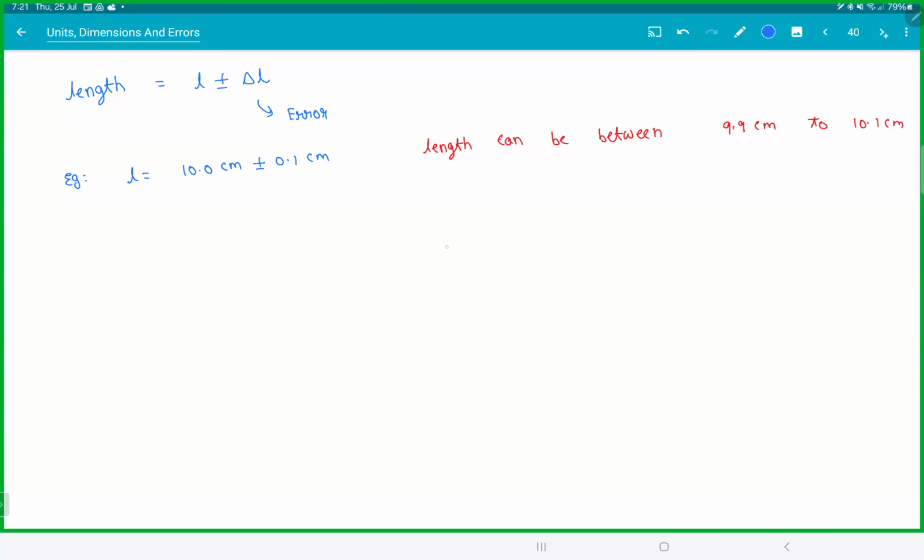We tell them something like 2-meter height plus or minus 1 centimeter, 1 meter wide plus or minus 1 centimeter, meaning the carpenter knows the door's length can be a little more or less than 2 meters by 1 centimeter, and that's fine. That much error is acceptable for the client.